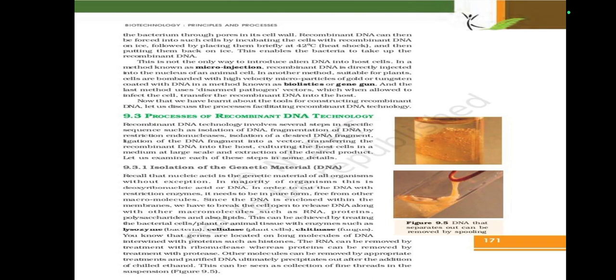And the last method uses disarmed pathogen vectors which, when allowed to infect the cell, transfer the recombinant DNA into the host. Now that we have learned about the tools for constructing recombinant DNA, let us discuss the processes facilitating recombinant DNA technology.